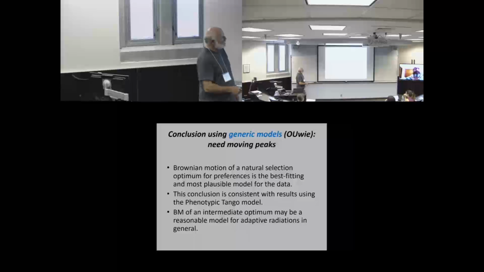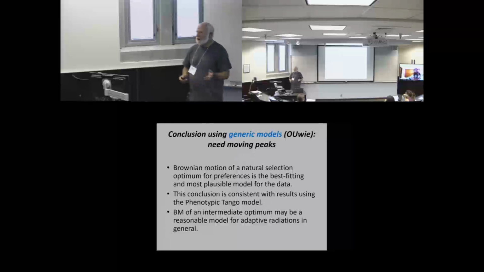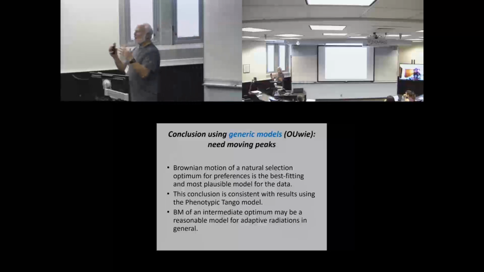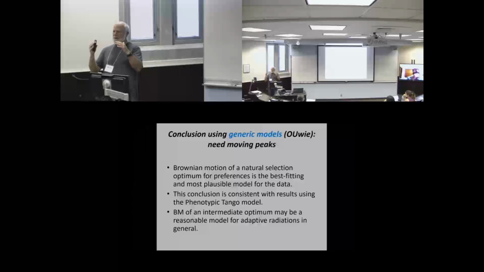And then finally, the Brownian motion of an intermediate optimum may be a reasonable model for adaptive radiations in general. So this result, that just having a stationary optimum and a balance between drift and stabilizing selection, in general, you have a very hard time accounting for adaptive radiations, not just in birds of paradise, but wherever it's been fit with morphology.